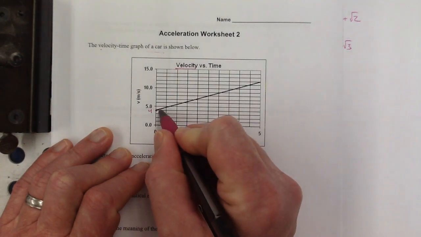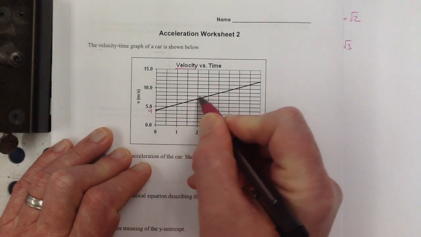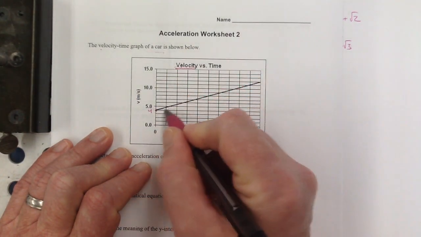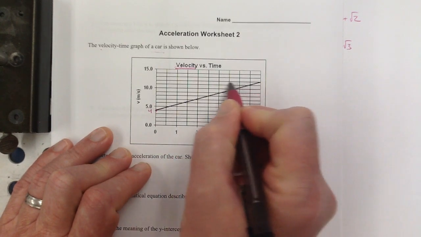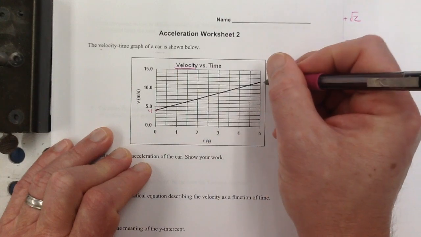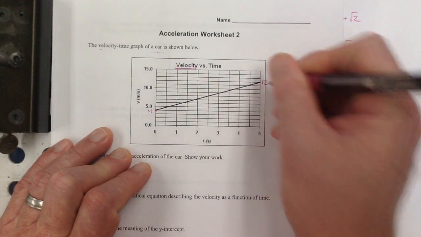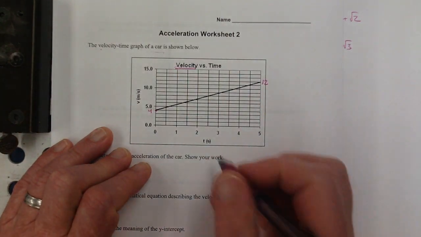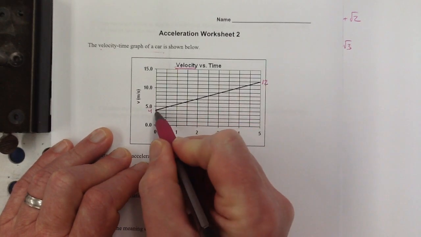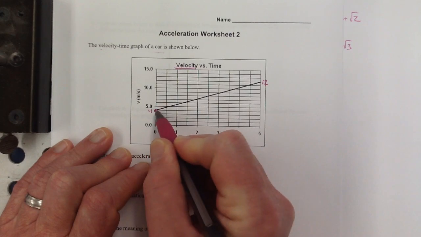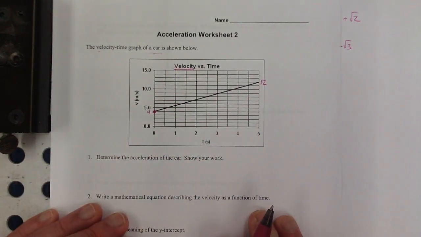And as time goes by, the velocity of the car is changing. It's increasing, and it's going up to, it looks like, 12 meters per second here. So what's this car doing? It's speeding up from 4 meters per second to 12. Now it wasn't from a stop, right? It's starting with a velocity of 4, and then it's getting faster.